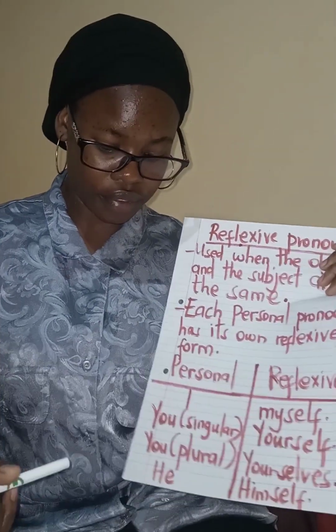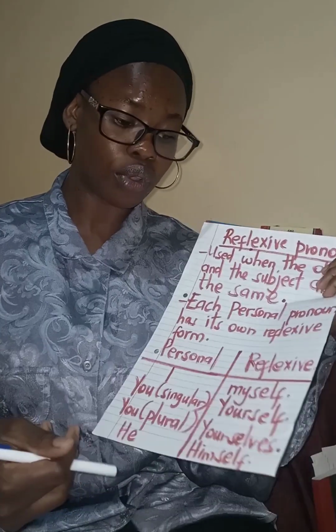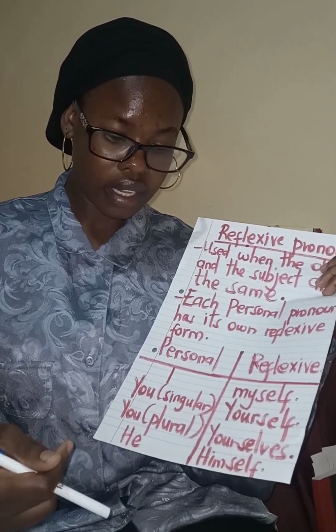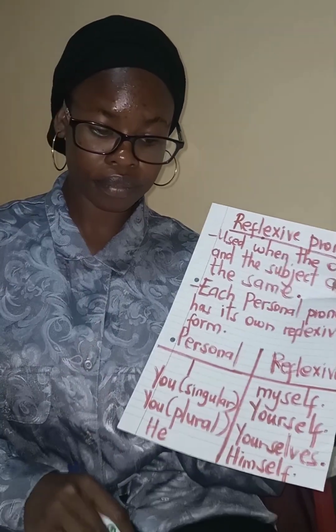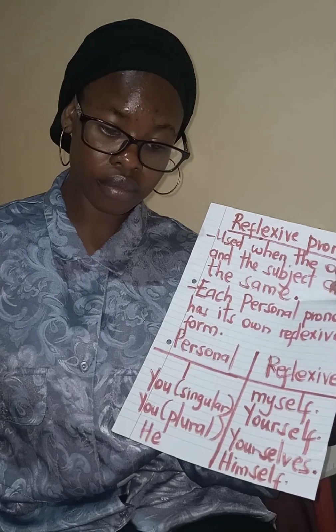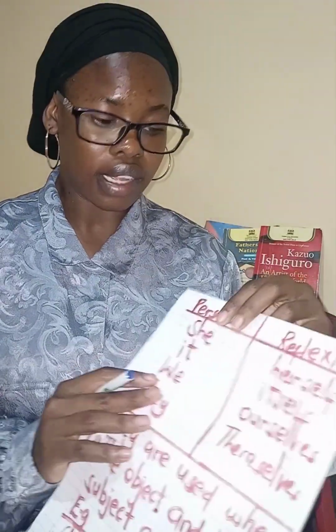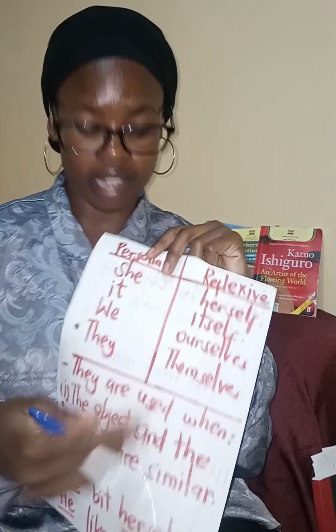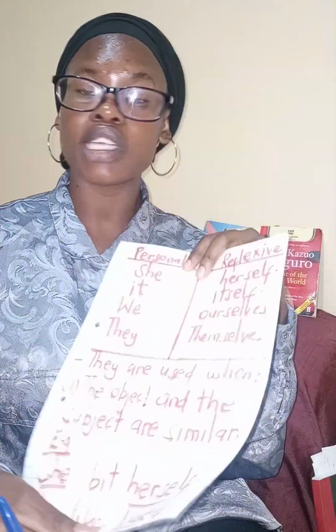So we have I, myself, you, yourself. You in the plural form becomes yourselves. And then he, himself. We have more examples: she, herself, it, itself, we, ourselves, they, themselves.